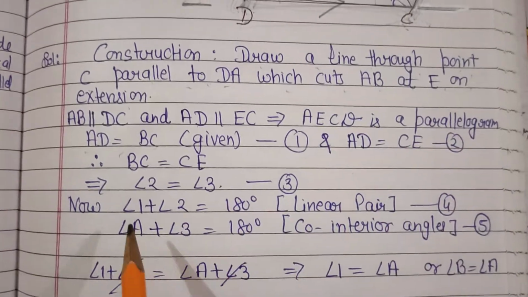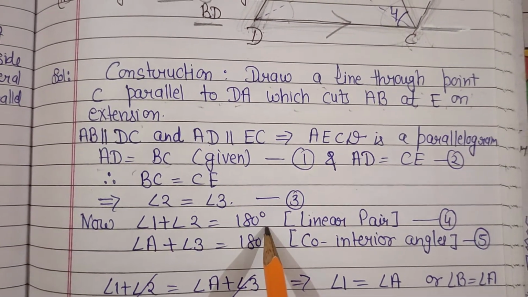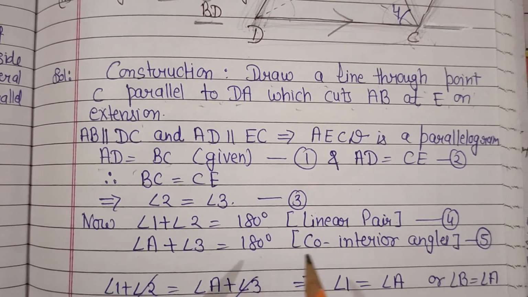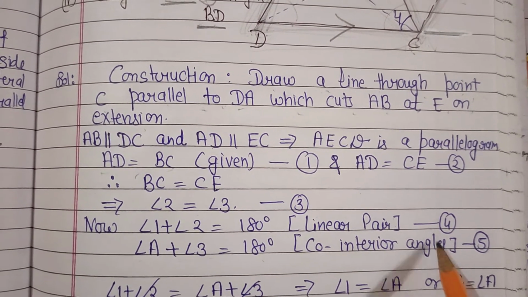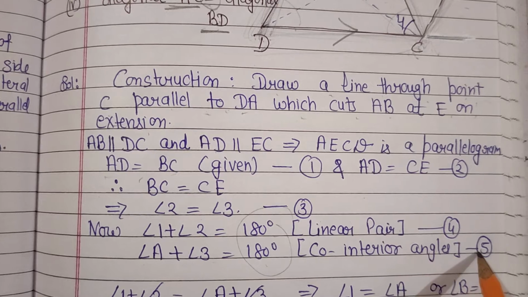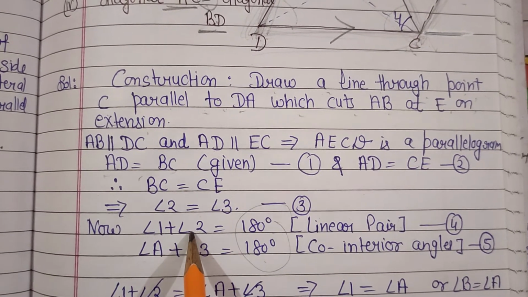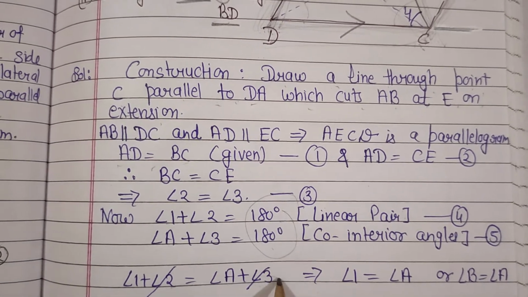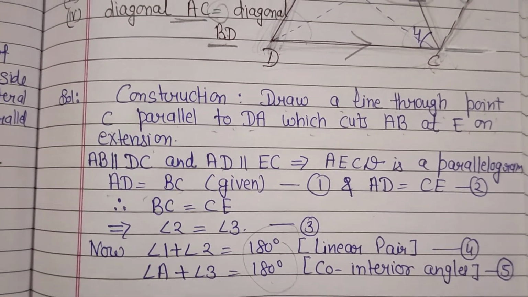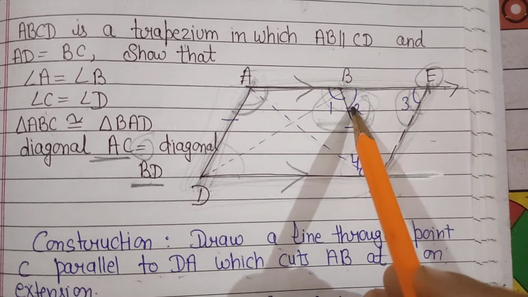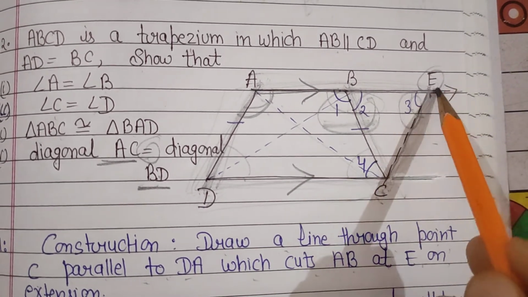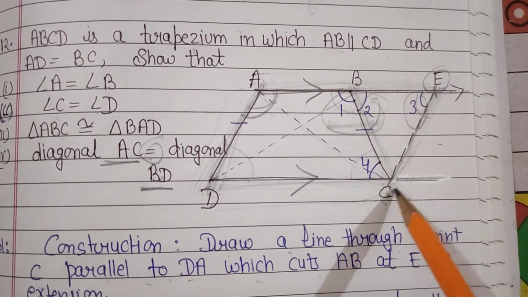Now, I have written here angle 1 plus angle 2 is 180 degree, linear pair. Angle A plus angle 3 is 180 degree, co-interior angles. So, we can say from equation 4 and 5, angle 1 plus angle 2 is equal to angle A plus angle 3. But angle 2 and angle 3, see from the figure, both are equal because we have proved BCE is an isosceles triangle.